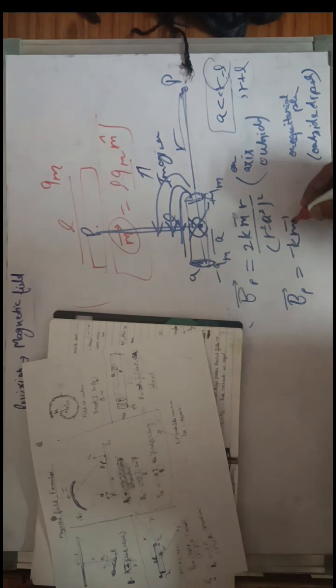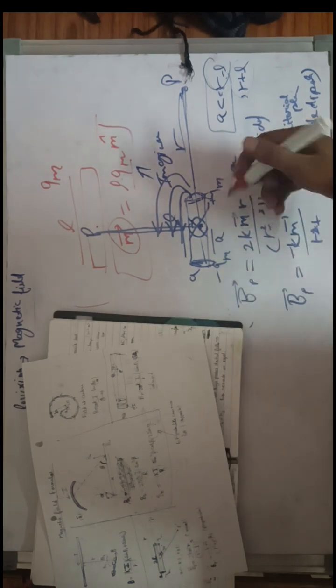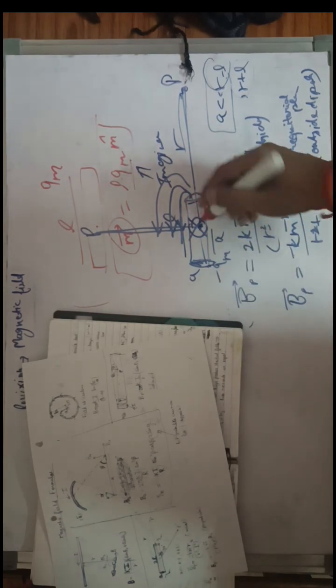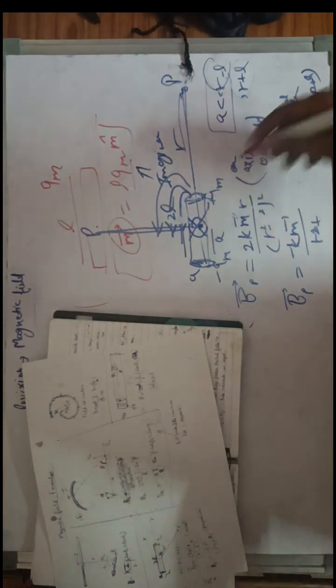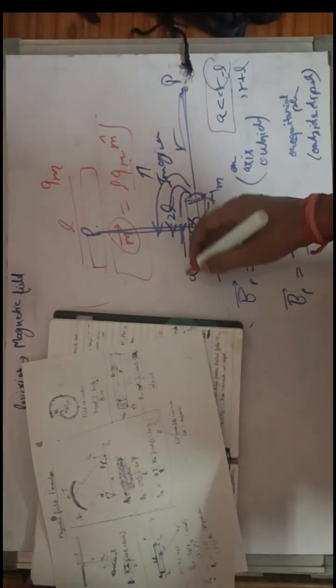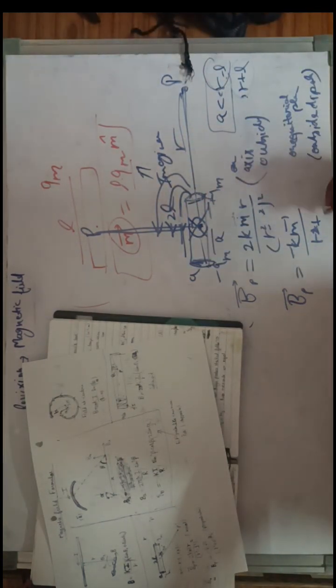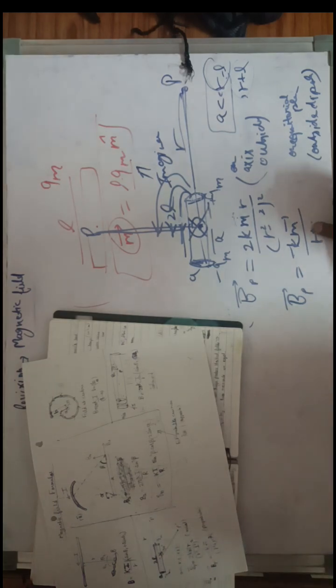and the formula will become k m vector divided by r square plus, so this whole length is, let's say, 2L, then the half of this length is L, and we can write it as, okay, let's change some things.